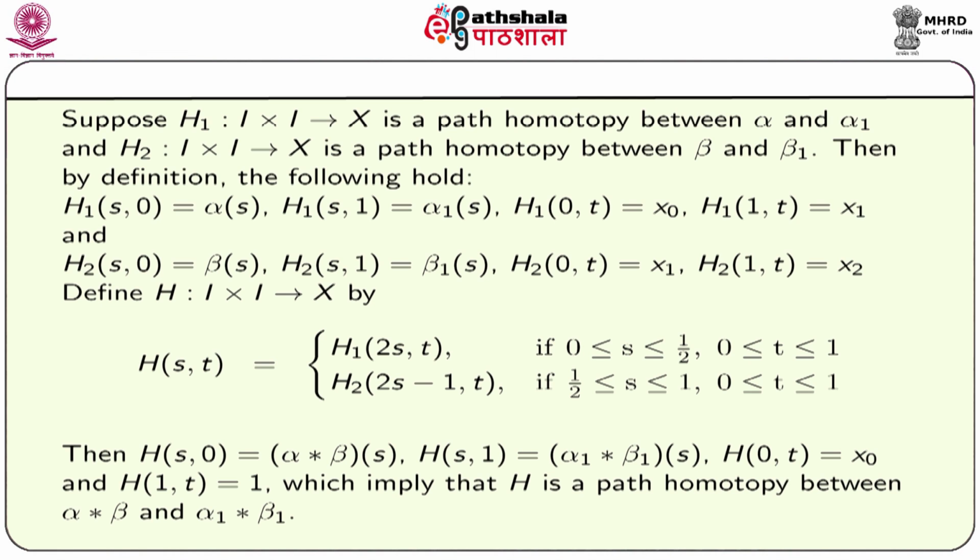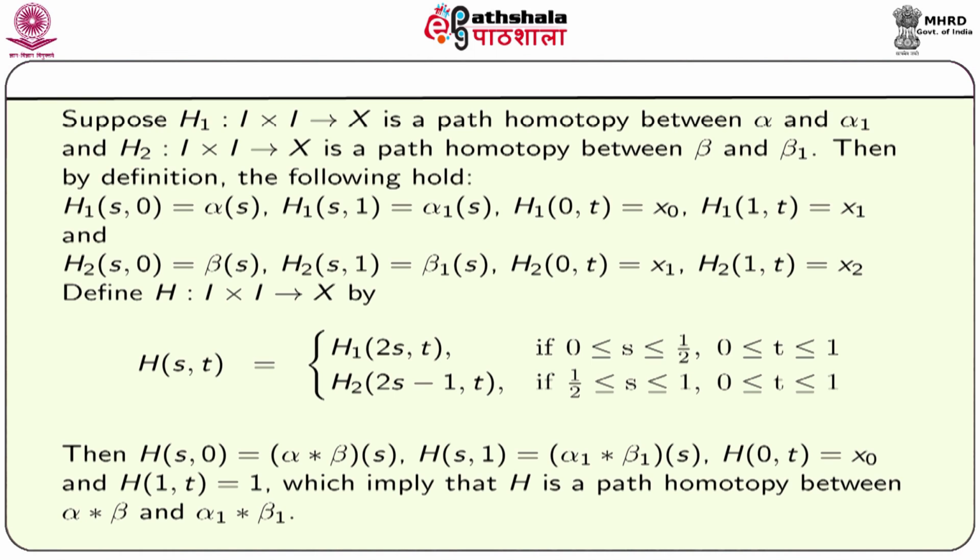So, now we define capital H by breaking the interval 0 to 1 into two halves, 0 to half and half to 1. In the first half, when s varies between 0 to half and t is between 0 and 1, we take the description as H1.